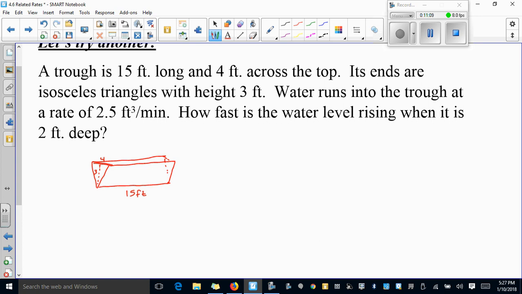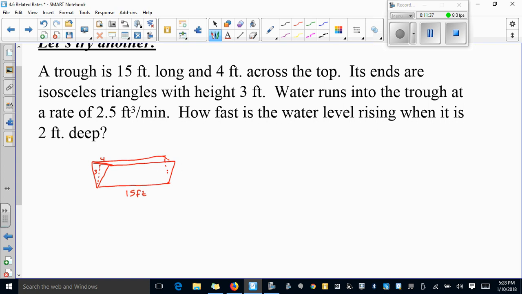A cylinder, like a soda can, is a circular prism, because the top and bottom are exactly the same. But this just happens to be a triangular prism lying on its side. So we'll take care of that.